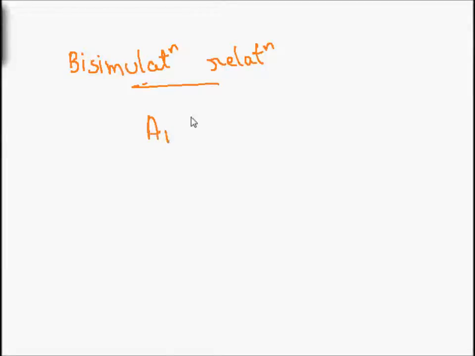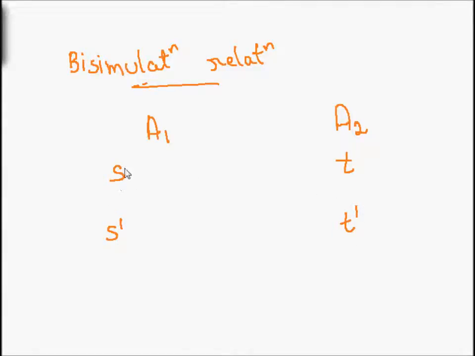So the bisimulation relation is something like this. Consider that I have two label transition systems, say A1 and A2, and there is a state S in A1 and S dash, and here I have some state T and T dash.